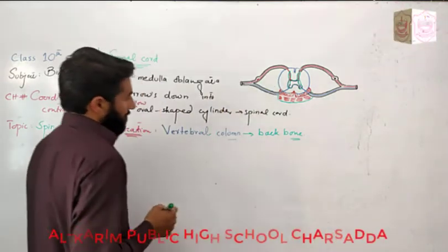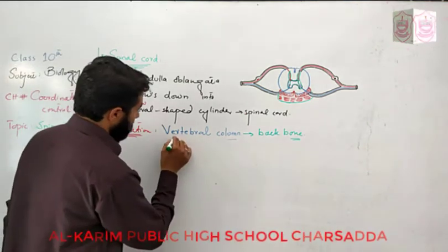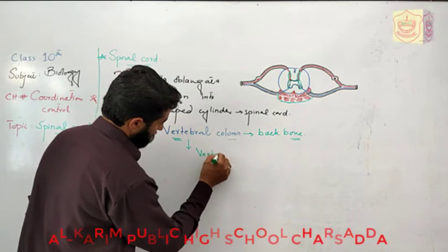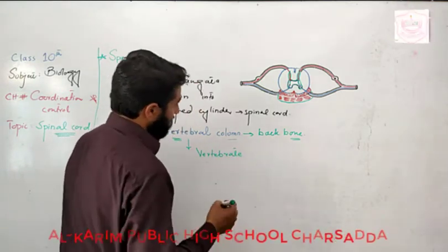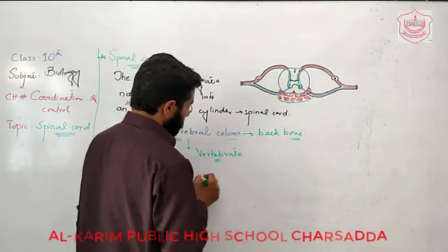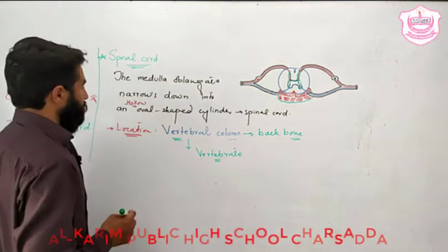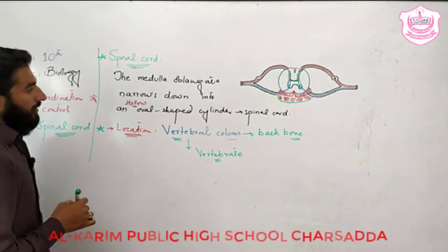And backbone or vertebral column is the property of all vertebrates. Vertebrates are also called chordates. Organisms having vertebral column are called vertebrates. So spinal cord is present inside the vertebral column.